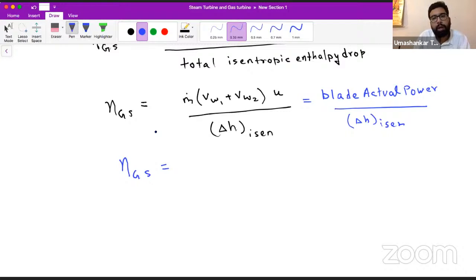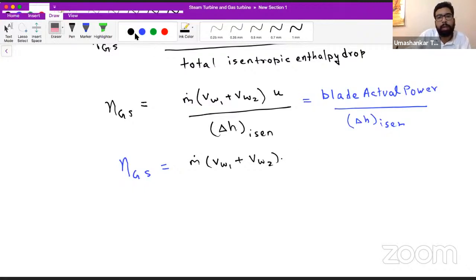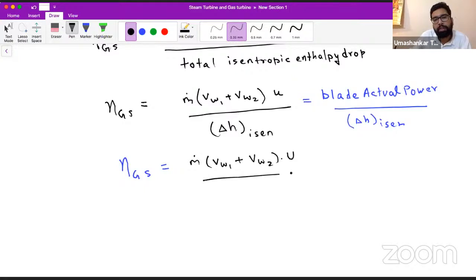So the gross stage efficiency is m dot (VW1 plus VW2) into U divided by the isentropic enthalpy drop. If you remember from the last session, we derived this relation, nothing new in it.